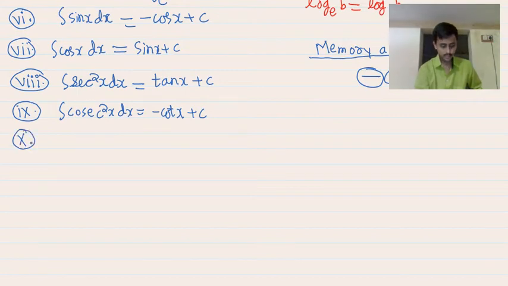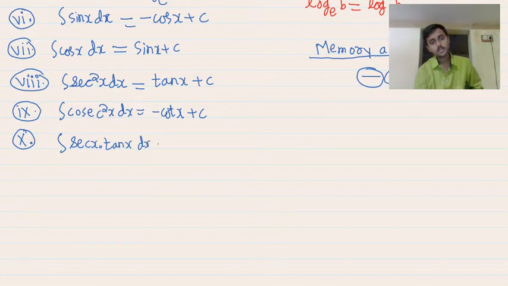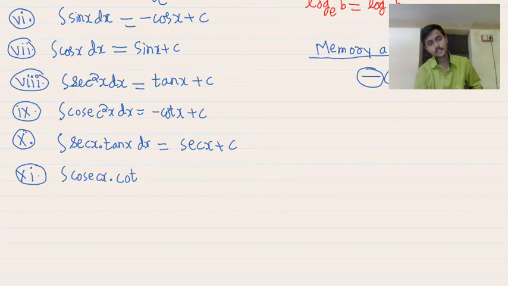Let's talk about the next formula. The next formula is integration of sec x into tan x with respect to x. So this would be sec x plus c. The next formula is integration of cosec x into cot x dx.